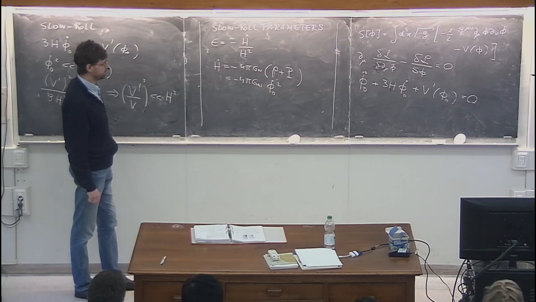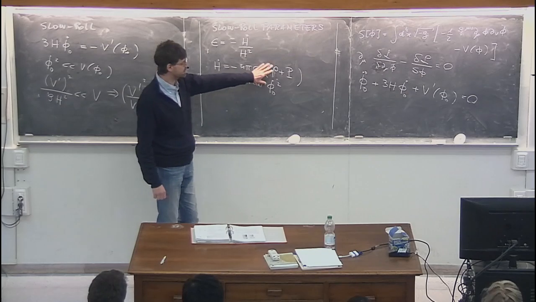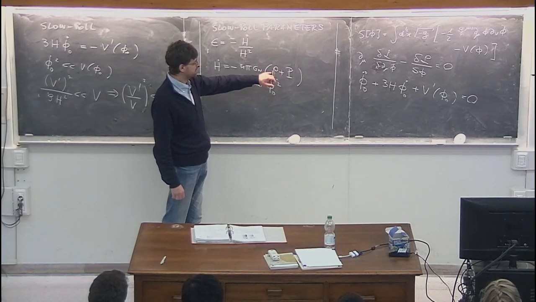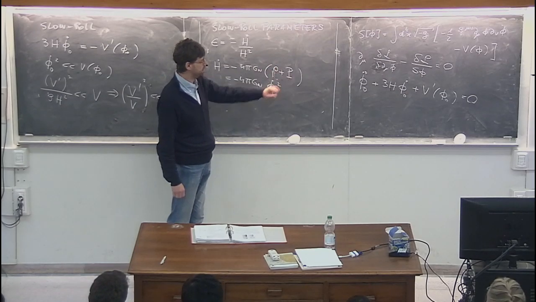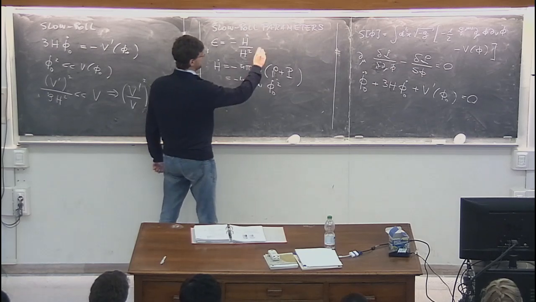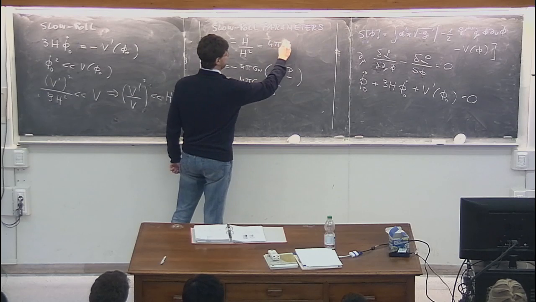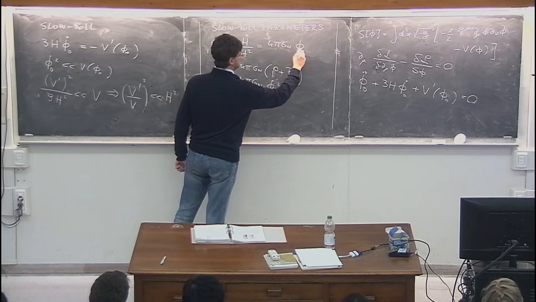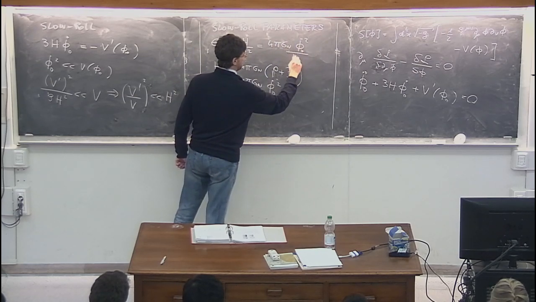This is an exact relation. I am not making an assumption here, because rho has a plus V and p has a minus V, so the potential disappears. And from here, I can write this as 4 pi G Newton phi dot square divided by H square.